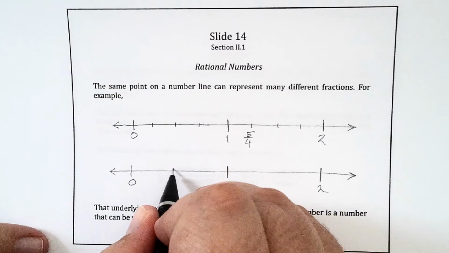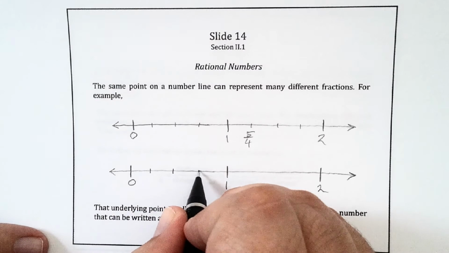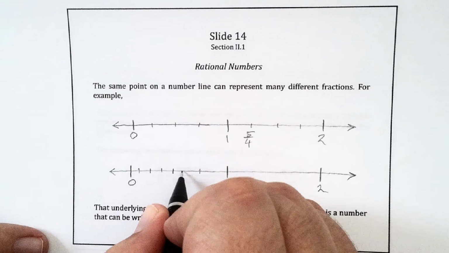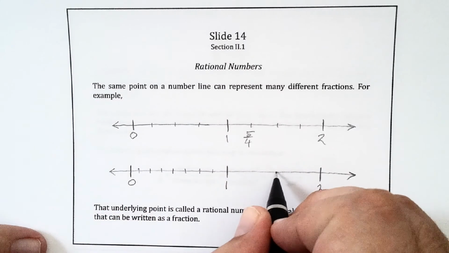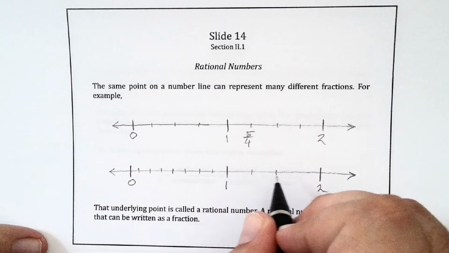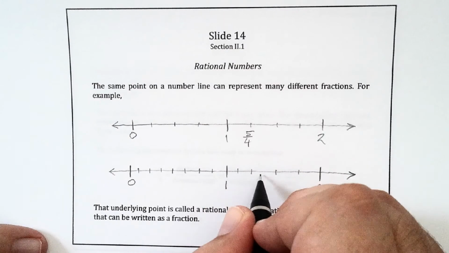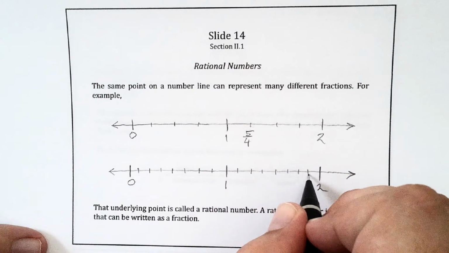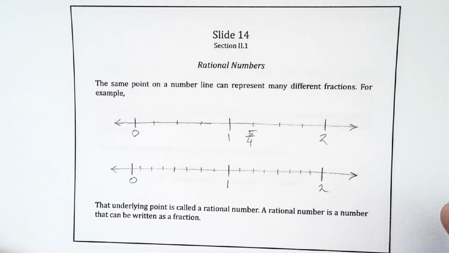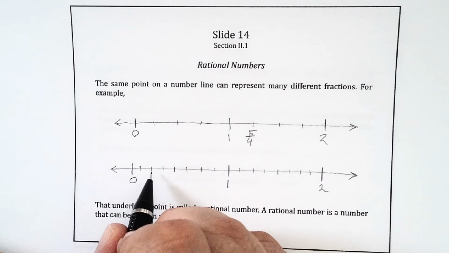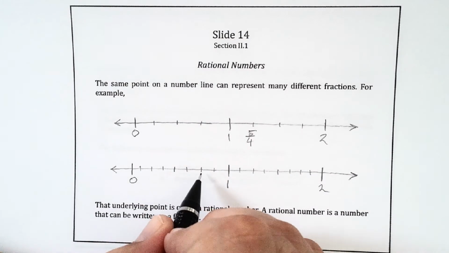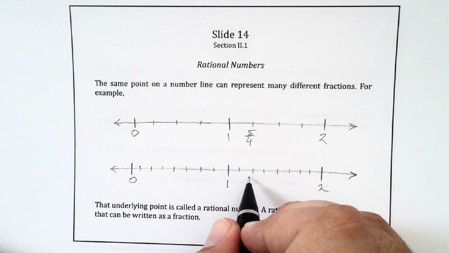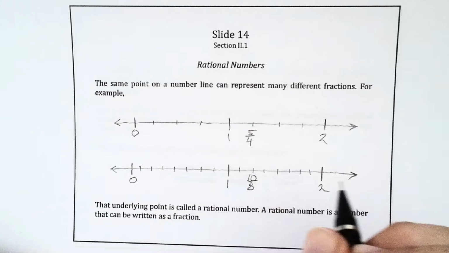So for eighths, I'm going to divide each unit interval into 8 equal parts. Okay, and then I count 10 from 0. 1, 2, 3, 4, 5, 6, 7, 8, 9, 10. 10 over 8.